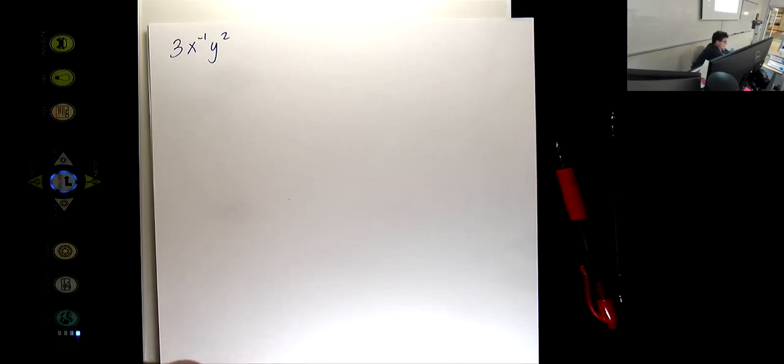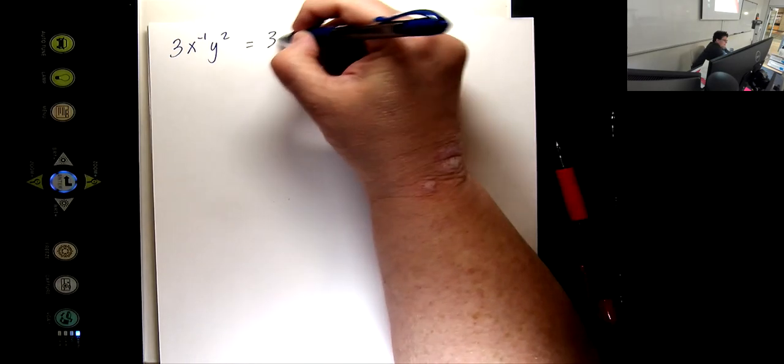Things with negative exponents can move to the other side of the fraction. So what should I get here? Yeah, 3y squared over x.